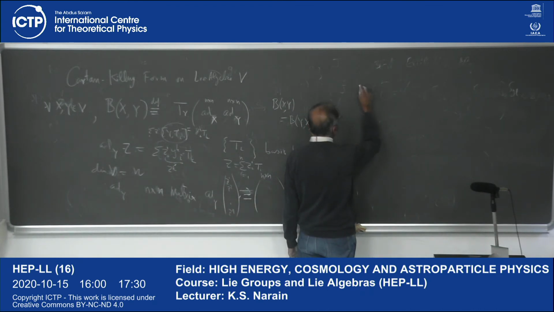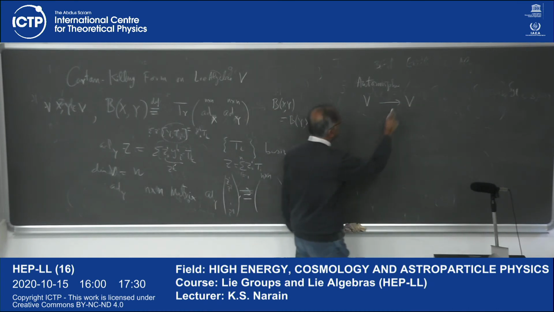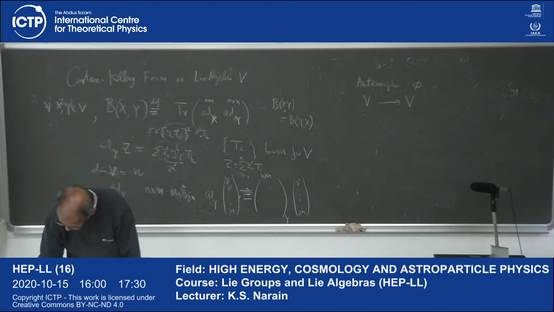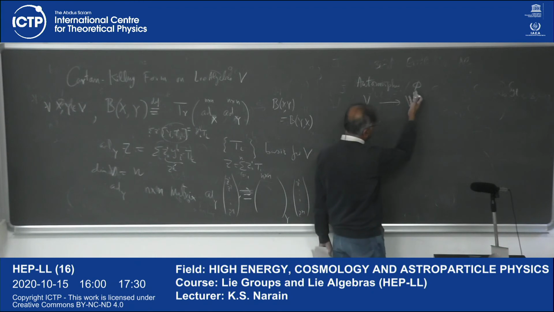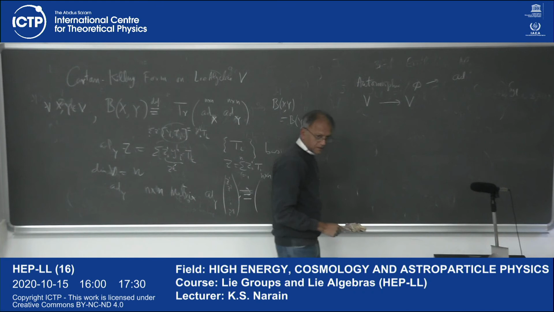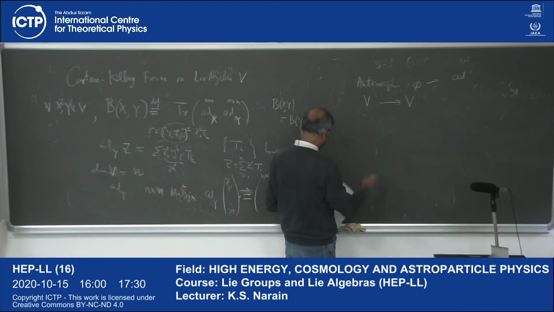Suppose I have some automorphism phi which takes the Lie algebra V to itself. In particular, I could have chosen this phi to be simply the adjoint, ad action. The ad action is an automorphism. But let's just take a general, completely arbitrary phi.